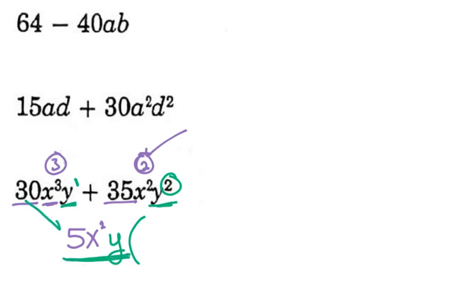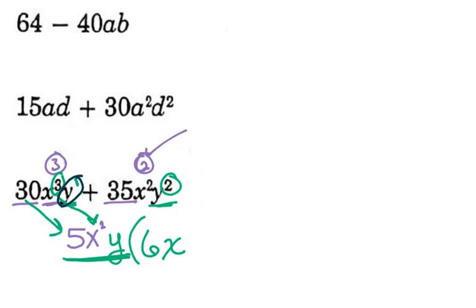So then I take 30 divided by 5, which gives me 6. I have 3 x's. Subtracting 2, leaves me 1x. I have 1 y, and I'm taking away a y, so that leaves me no y's.